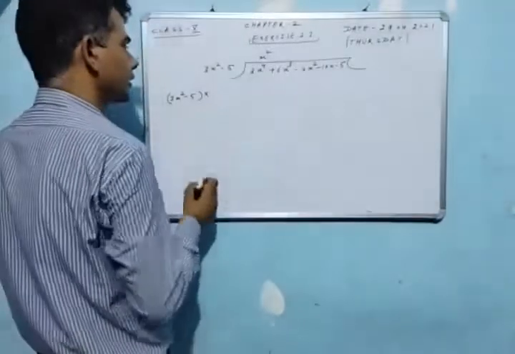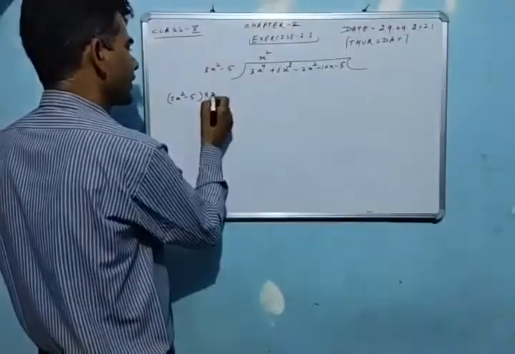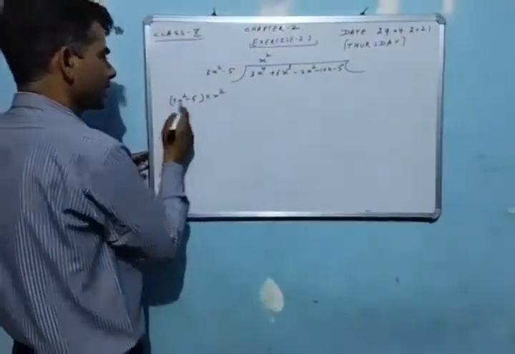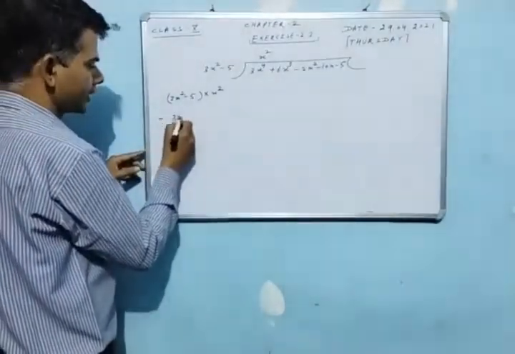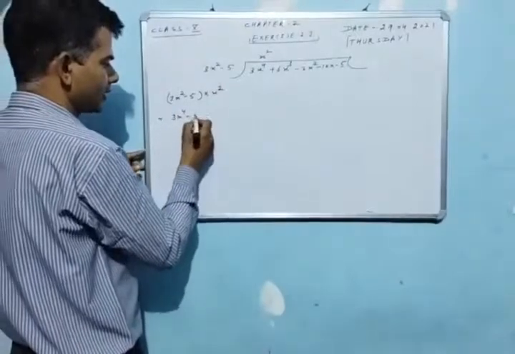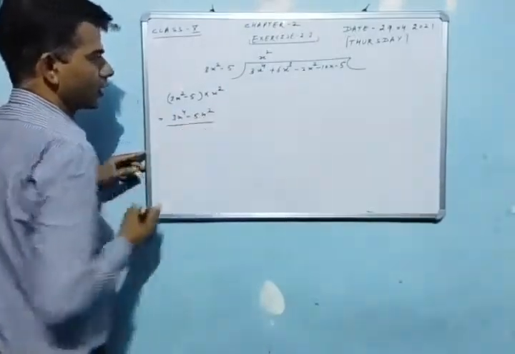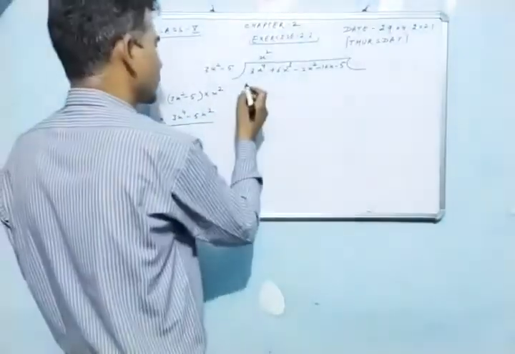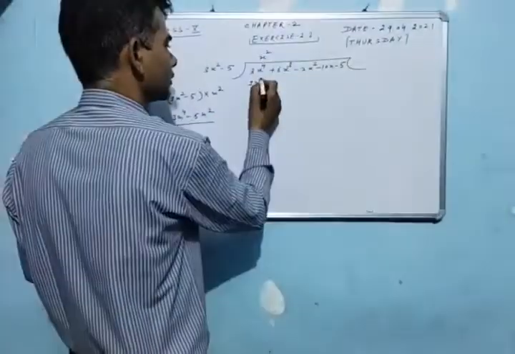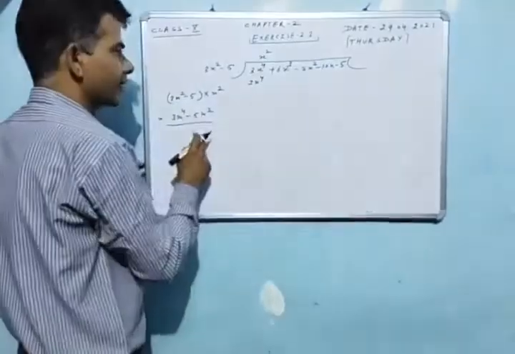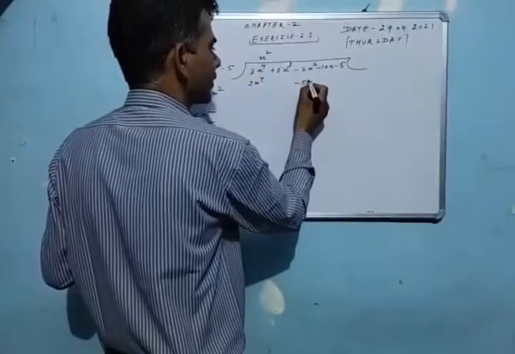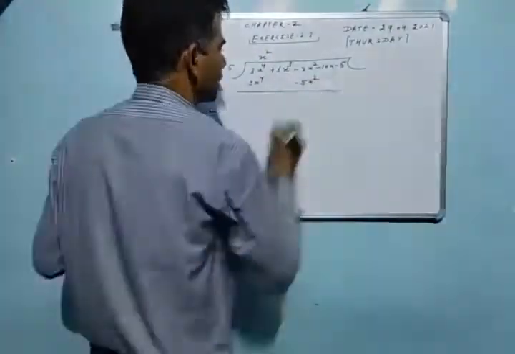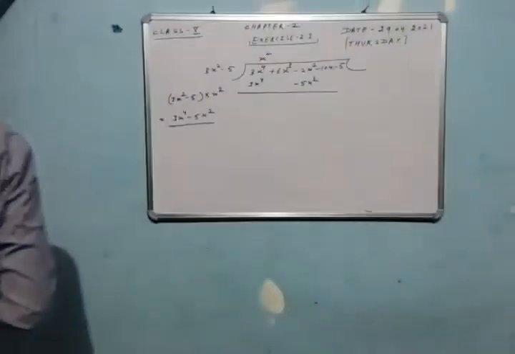The result will be 3x square multiplied by x square, that is 3x raised to power 4, minus 5x square. Now students, we have to select like terms: 3x raised to power 4 and minus 5x square. Now it will be subtracted.